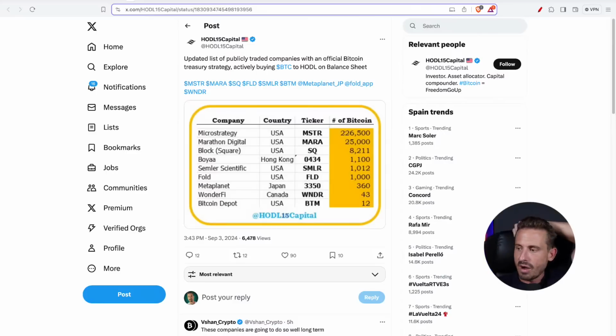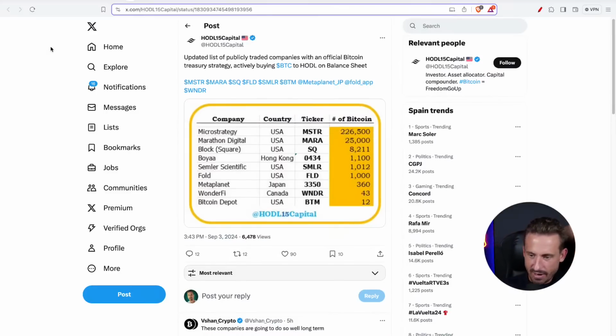Let's talk about some higher time frame bullish news scenarios right away, my legends, my favorite legend community. We do have an updated list of publicly traded companies with an official Bitcoin treasury strategy.